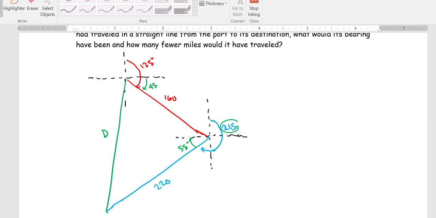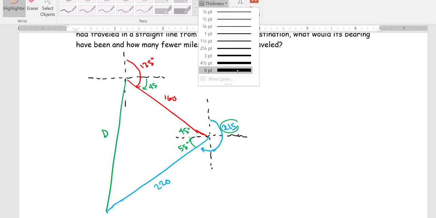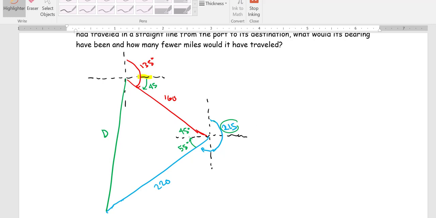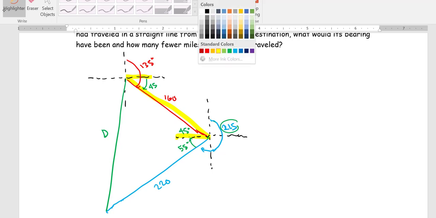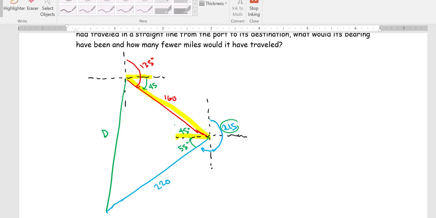That means this is also 45 degrees, because hopefully you can see the alternate interior angles here. So the entire angle right there is going to be 100 degrees.